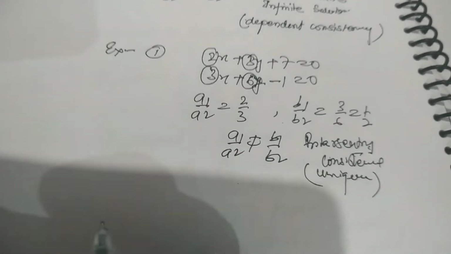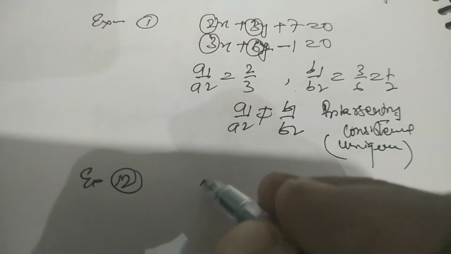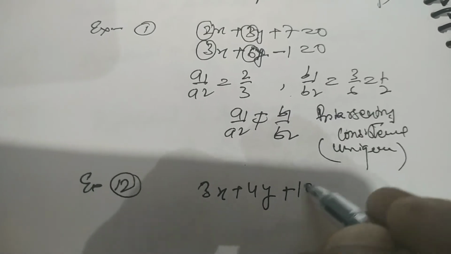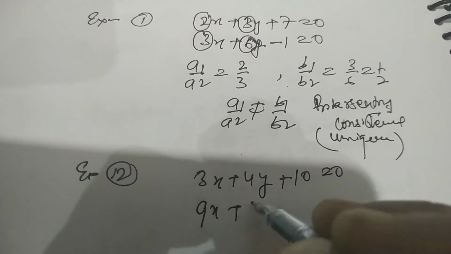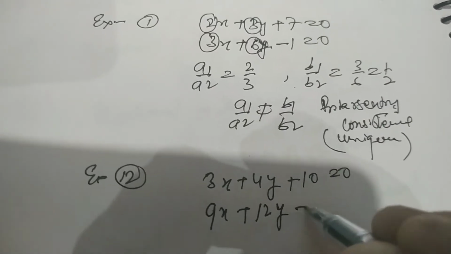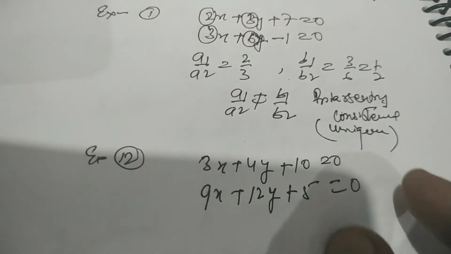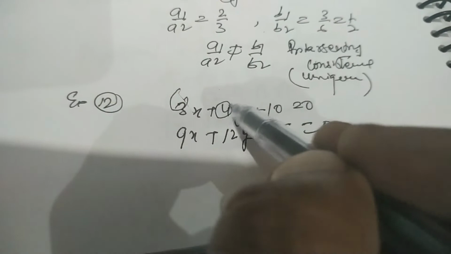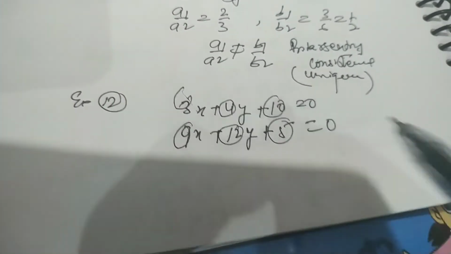Example number 2: if we have 3x + 4y + 10 = 0 and the second is 9x + 12y + 5 = 0. Again this is a1, b1, c1, a2, b2 and c2.